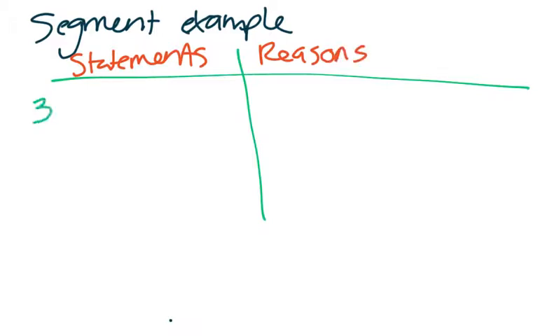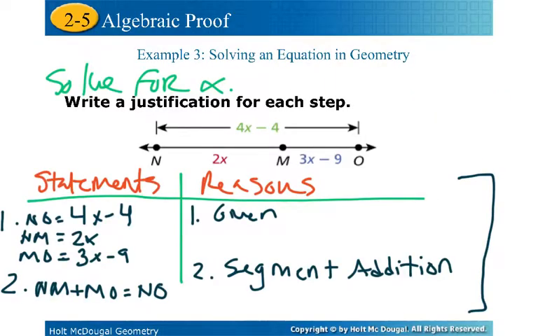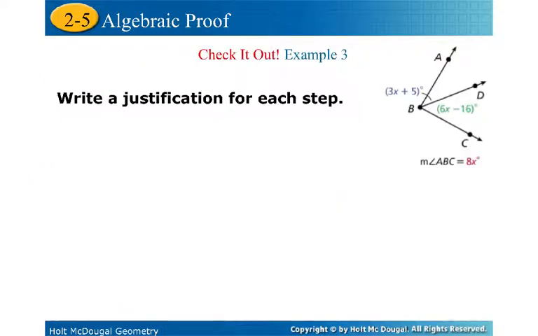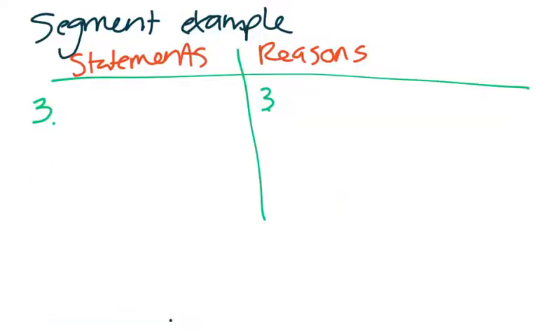So our third step in all of this, after I've said that everything is adding to be the whole, I can use substitution to get that algebraic statement that I'm going to be solving.